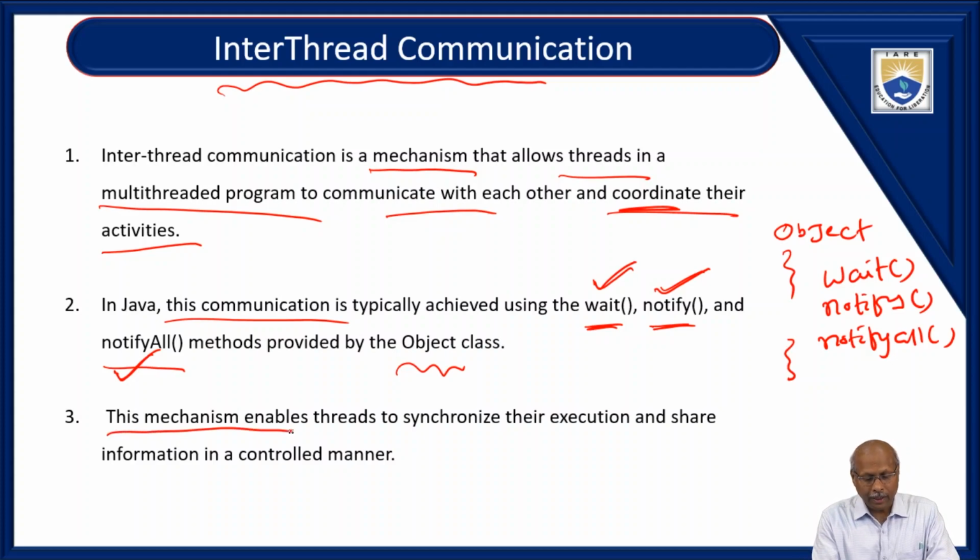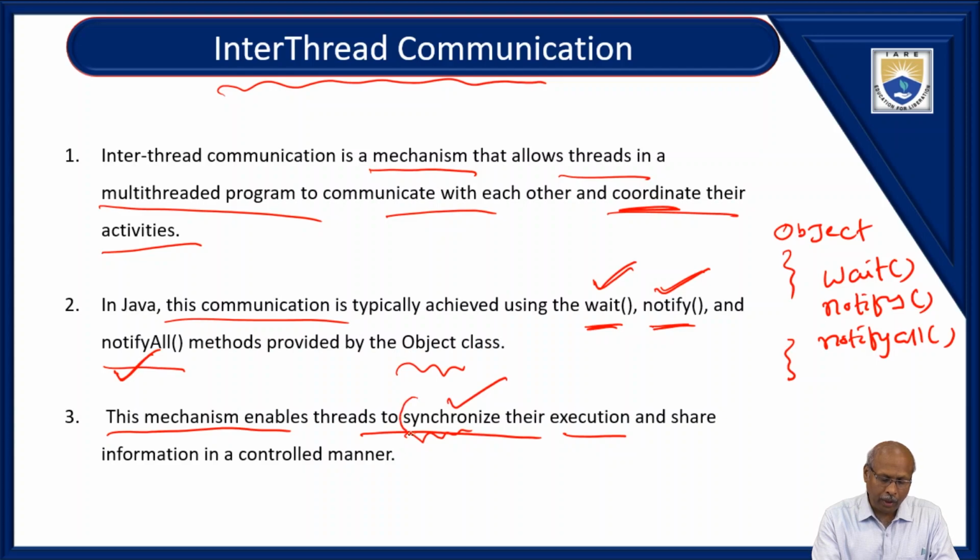This mechanism enables threads to synchronize their execution. Whenever one thread is inside a critical region, meaning a common resource area, that area must be a synchronized area, so that as long as he is using that resource, the other has to wait. That is the main concept here.